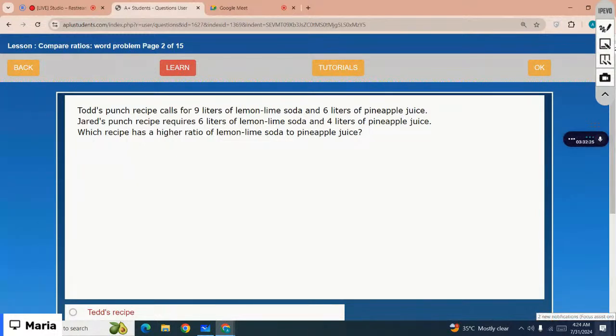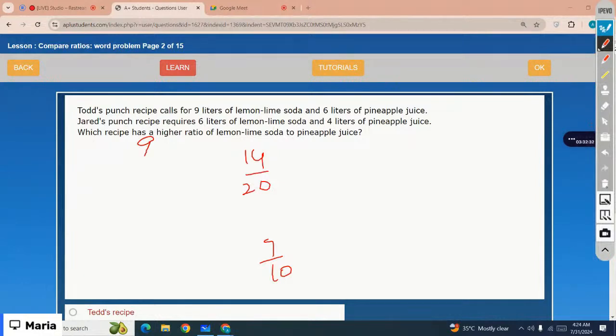Okay, so Toad's punch is 9 to 6, and Jared's we convert into percentage form. 9 over 6 is 1.5, times 100 is 150, and 6 by 4 is again 150.